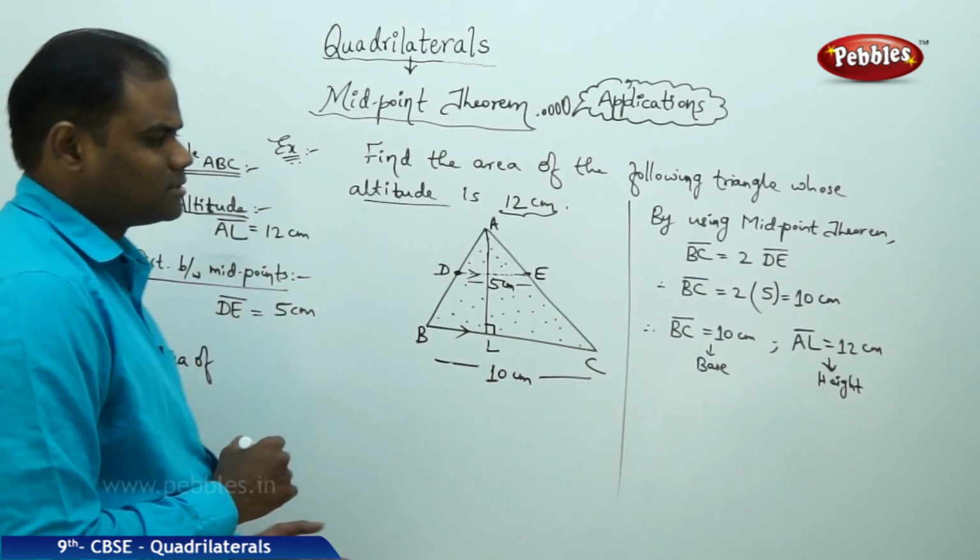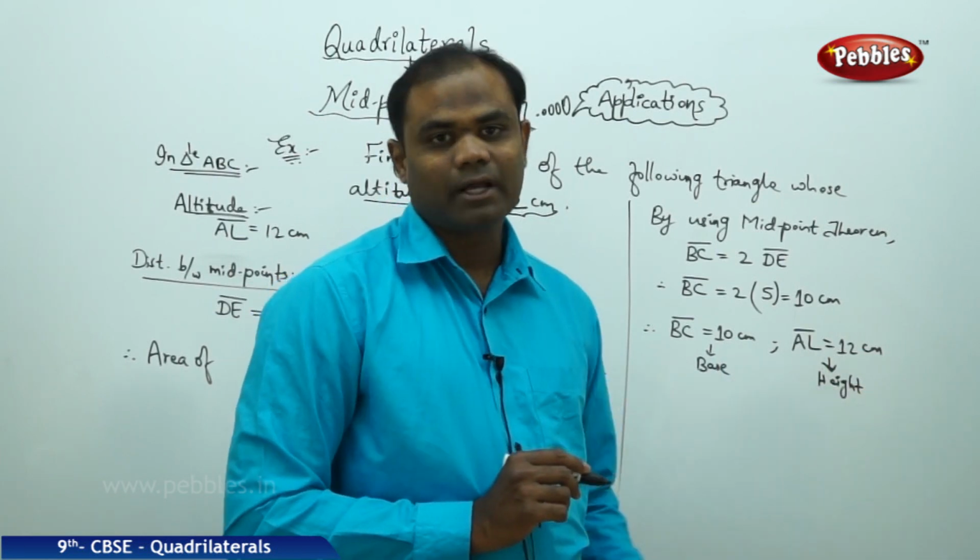Therefore, the area of triangle ABC would be half times base times height.